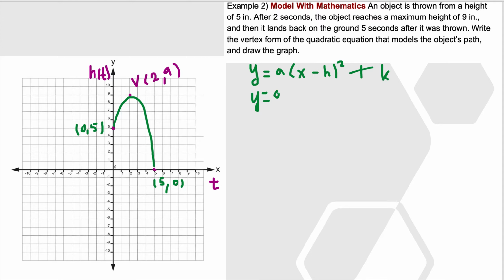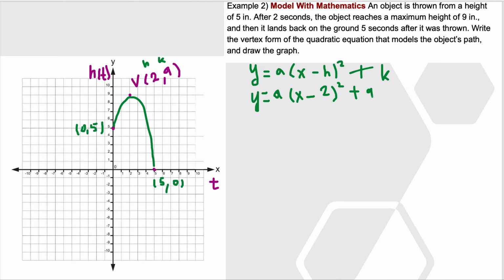Instead of a, I don't know exactly what it is, a vertical stretch or compression. And here x is x. And let me write here, h is 2, because this is h, this is k. We already know that. And this is squared. And instead of the k, I have plus 9.